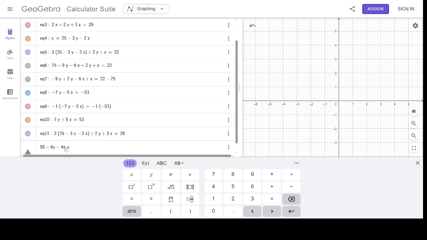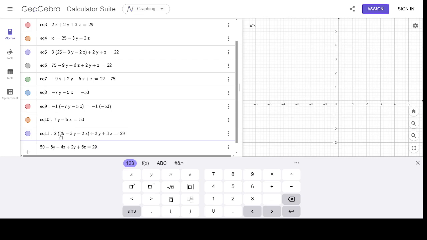Then we say plus 2y plus 6z, is equal to 29, right?